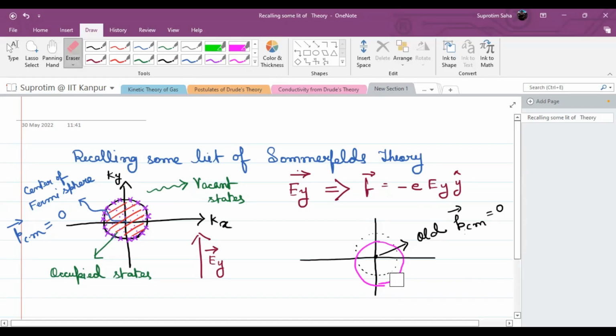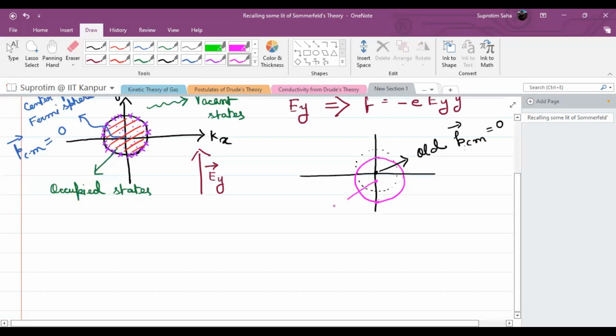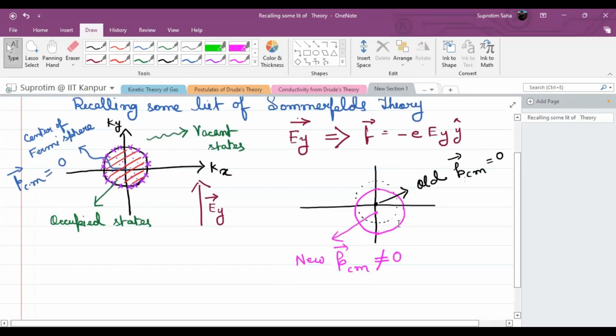This is your new P center of mass, which is not equal to 0 because the center of mass has shifted.